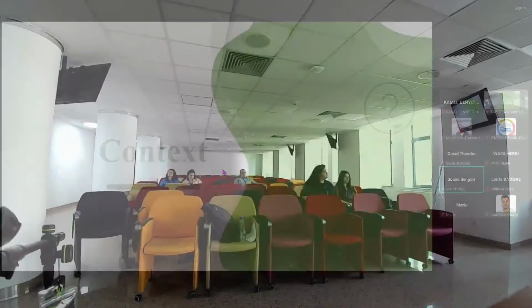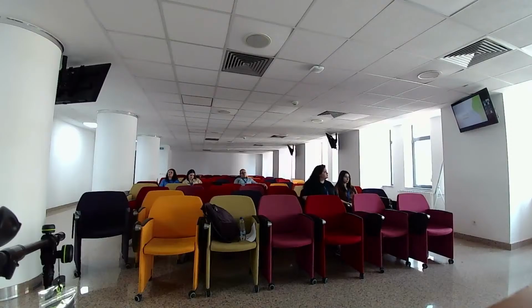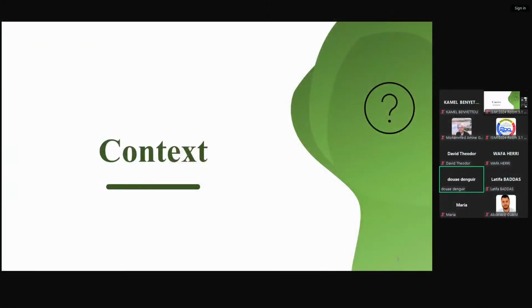Let's talk about the context. In recent years, the Internet of Things has been a thriving field for research and development. The future of IoT has the potential to be limitless, and by 2025, it is estimated that there will be more than 21 billion IoT devices. Azura, a leading agriculture company where I did my internship, runs more than 50 farms with sensors collecting vital data essential for optimizing agriculture processes.